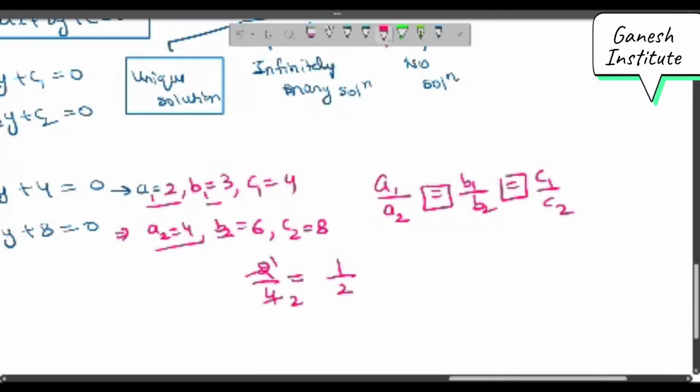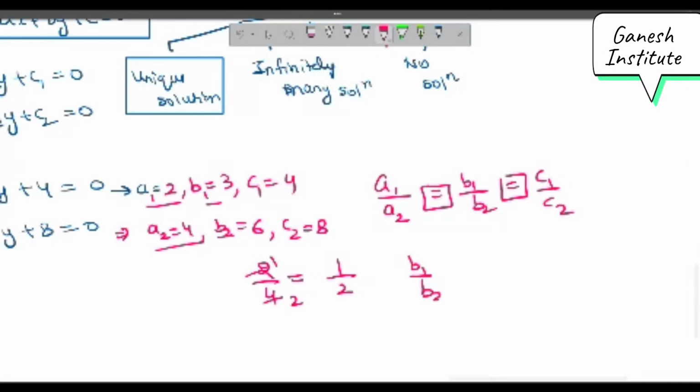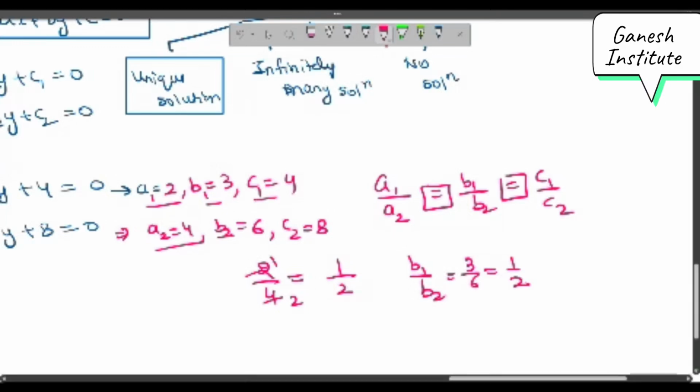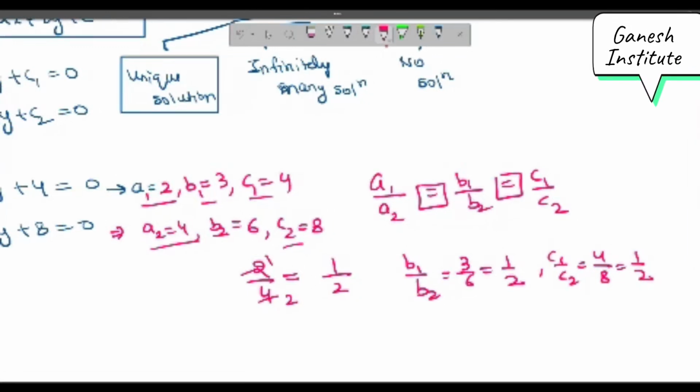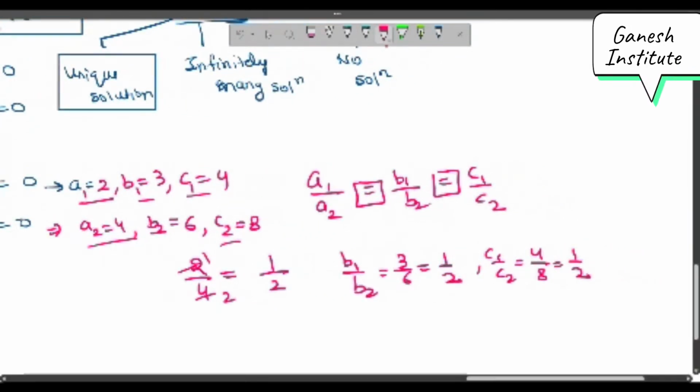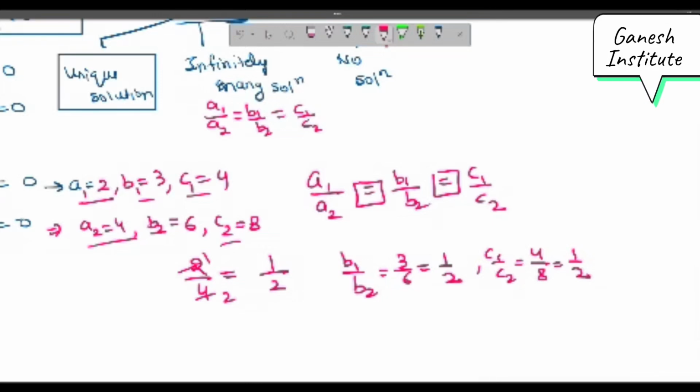You do B1 by B2. This is 3 over 6. That is again 1 over 2. You do C1 by C2. That's again 1 over 2. So if your ratio of the coefficients turn out to be equal, that means this is the case of infinitely many solutions.